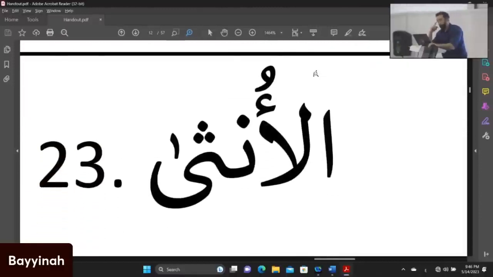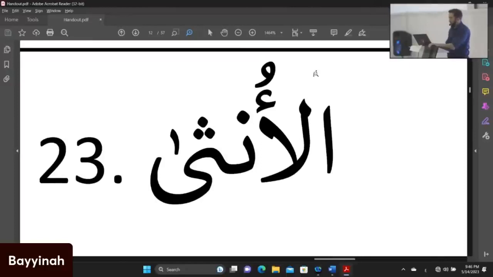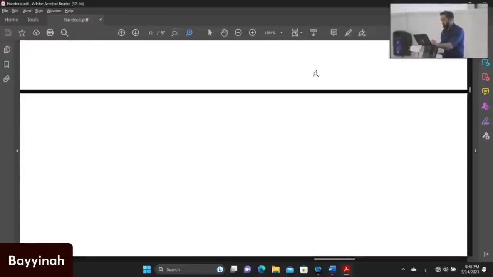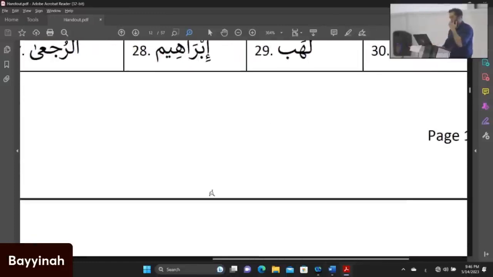Al-untha. Why is it non-flexible, everyone? Ends with alif. Love it. So give me the three. Al-untha, al-untha, al-untha. Wonderful. Lahab, flame. Fully flexible. Lahabun, lahaban, lahabin. Good job. Okay.